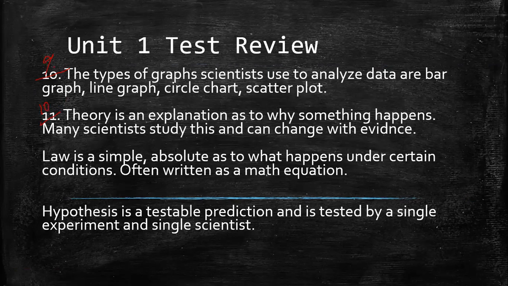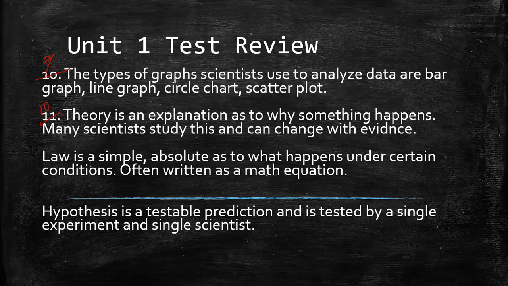All right, so number 9, you will have to interpret graphs. That's what we've been practicing. And you may even have to pull out the independent and dependent variables from those graphs. Remember, there's different types of graphs, such as bar graphs, which allow us to compare information, line graphs, which show change over time, circle charts or pie graphs, which allow us to show part versus whole, and a scatter plot, which really helps us to find the average.